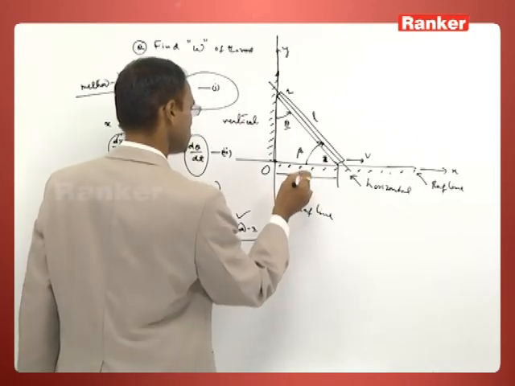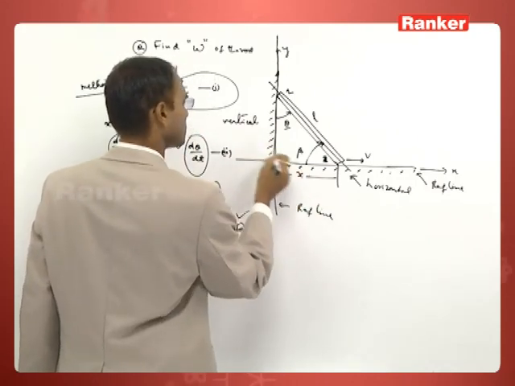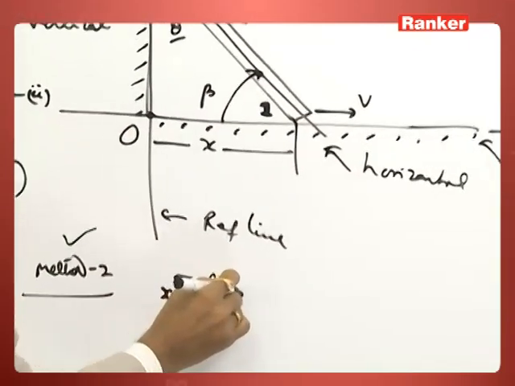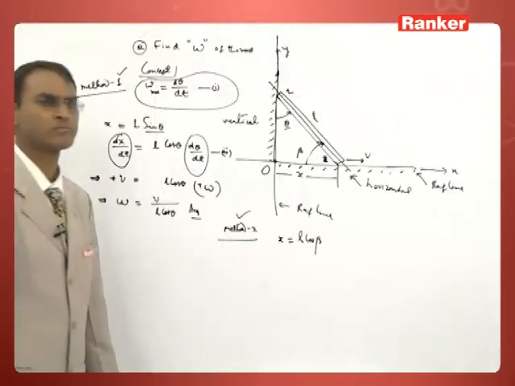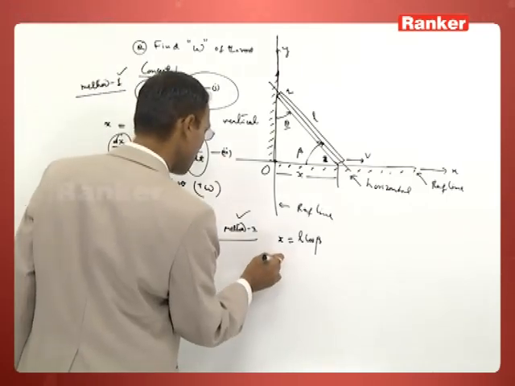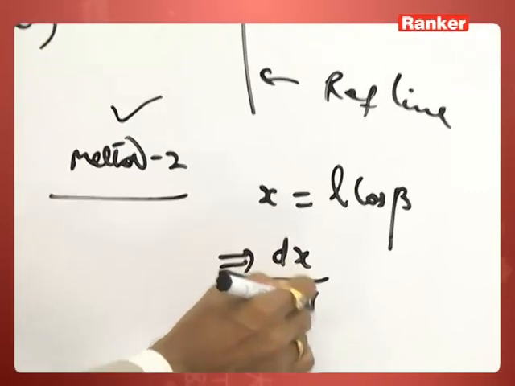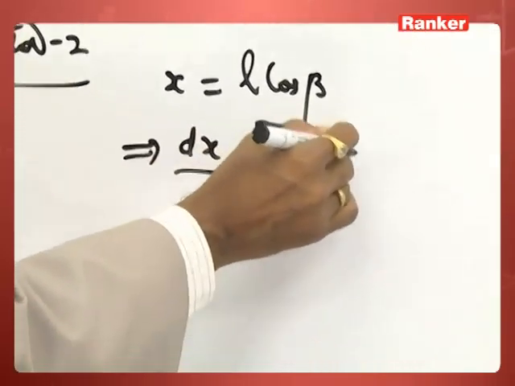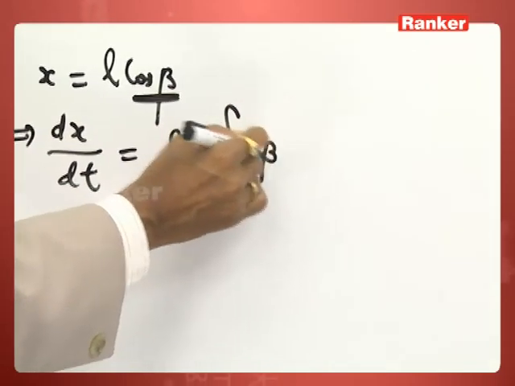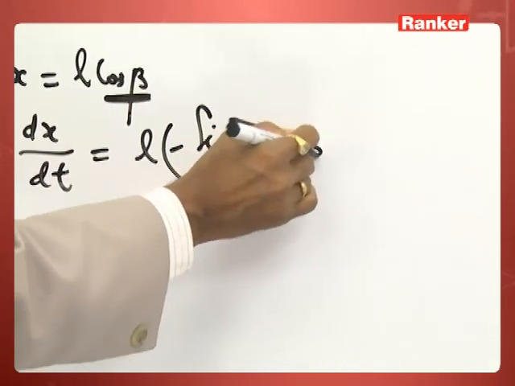In method 2, x can be written as L cos beta. Differentiating both sides with respect to time t once, you can write dx by dt equal to L times derivative of cos beta, which is minus sin beta d beta by dt.